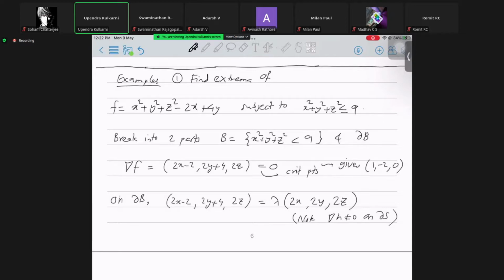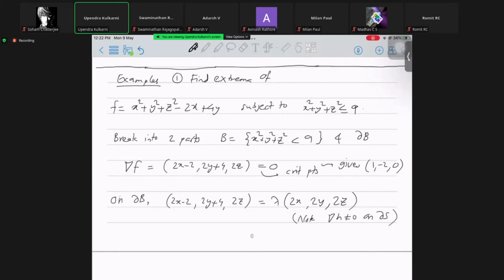Which one should we look at first? Maybe the easiest is the z part. It tells me that 2z is lambda times 2z. So what has to happen? If z is non-zero, then lambda has to equal 1. Can lambda equal 1? No, then 2x minus 2 can't equal 2x. Yeah, exactly.